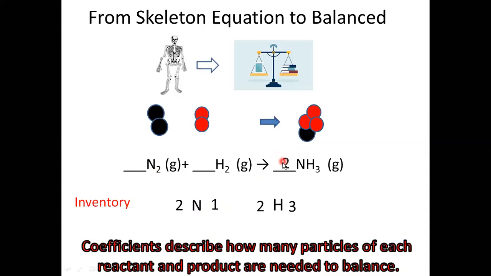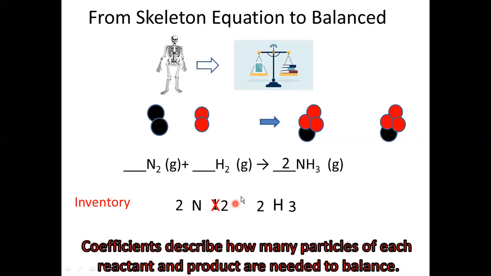I'm going to choose the coefficient 2, because that's going to double the amount of nitrogen that used to be here. Since there used to be 1 nitrogen, we're now going to double that, so there are now 2 particles of this chemical. What that does is change the available amount of nitrogen to the quantity of 2, the 2 black particles. So now our nitrogen is balanced.